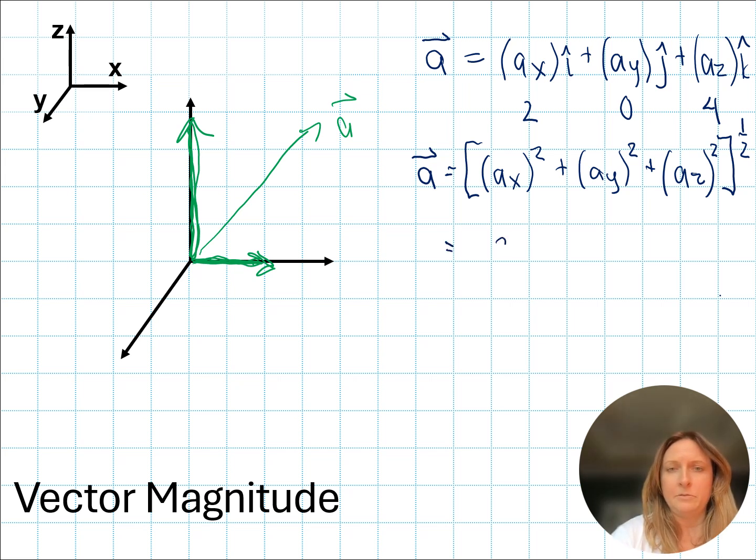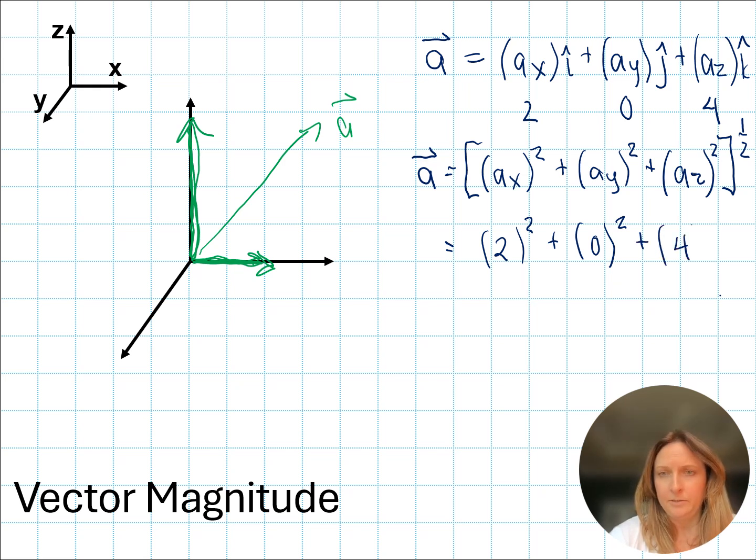So I'll substitute in my magnitude of acceleration in x plus my 0 magnitude acceleration in y plus my magnitude of acceleration in z.